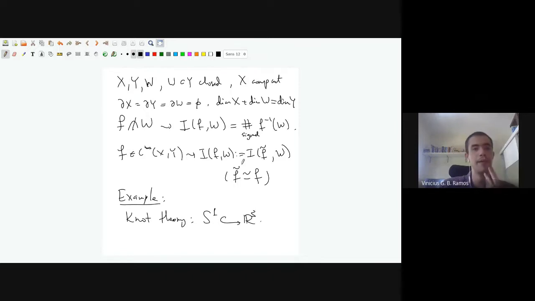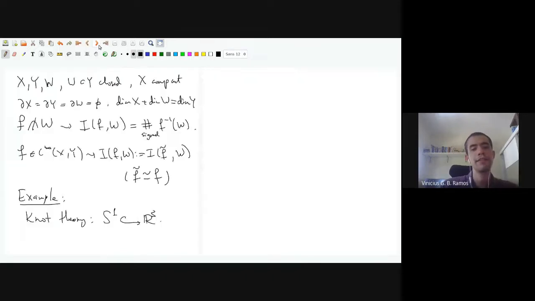An embedding of S1 into R3 is called a knot. We have a trivial embedding, which is called the unknot. And then you have more complicated embeddings, like the trefoil. That's the second easiest embedding.